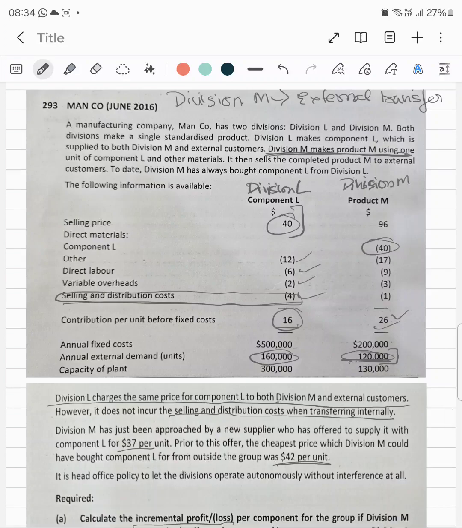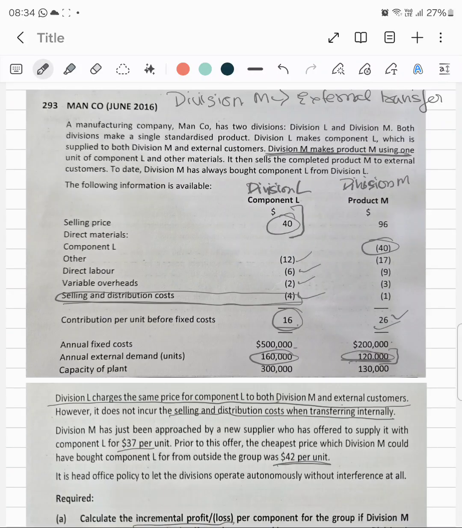And let's see, even if it is transferring goods internally, this cost should be included, right? Because there is a selling and distribution cost involved in transferring the goods internally as well.